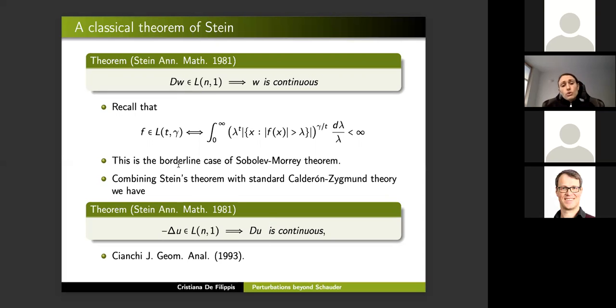Therefore, if I want to give a PDE interpretation of Stein's theorem, I can combine it with standard Calderón-Zygmund theory to deduce that minus Laplacian of u equal to something, with this something in L^{n,1}, implies that the gradient is continuous. And this is optimal in the light of a counterexample due to Jiang. Okay.